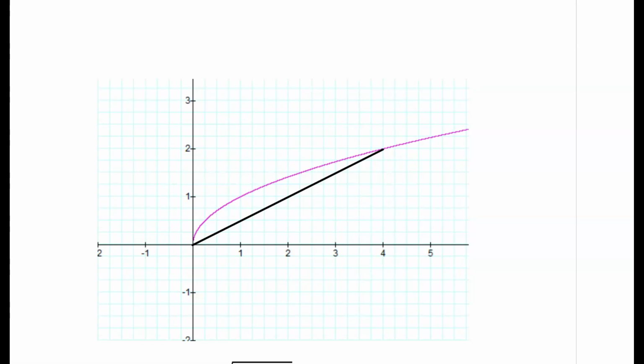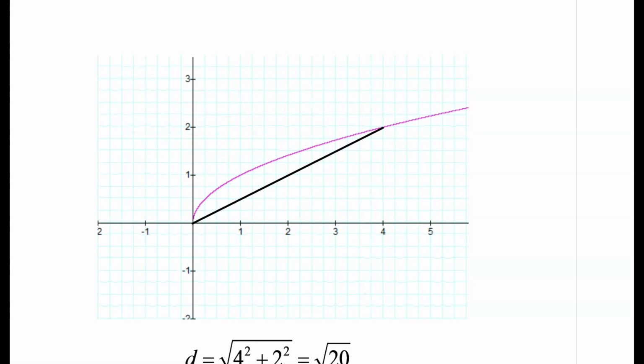To start off with, I've got the function y equals square root of x, and I have a designated interval from 0 to 4. So the first thing I did was just draw a secant from 0, 0 to the point 4, 2.